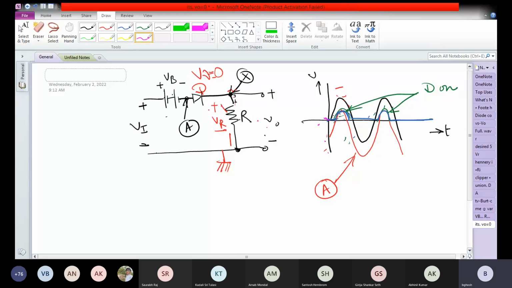In this period, the diode D is off because the voltage at point A is lesser than 0. The diode D is off, and if the diode D is off, the voltage at point X is the same as ground.